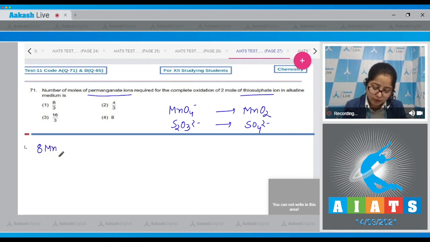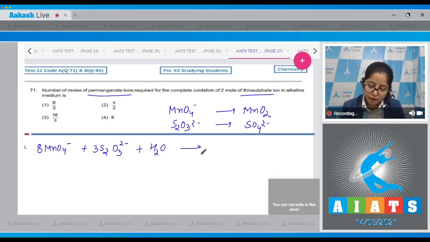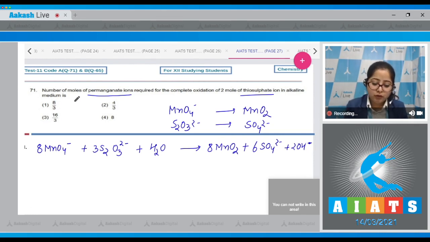8 moles of MnO4 minus reacts with 3 moles of S2O3 2 minus and 1 mole of water to give 8 moles of MnO2, 6 moles of SO4 2 minus, and 2 OH minus. Here we have to calculate the number of moles of permanganate ion for the complete oxidation of 2 moles.